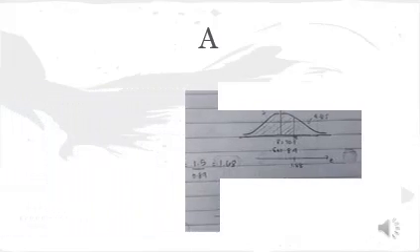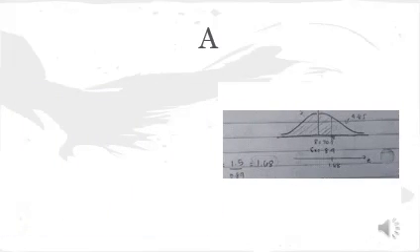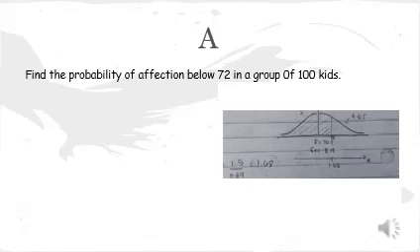We can begin part A by drawing the graph that is on the right. We know that our mean is 70.5, standard deviation is 8.9, and that we have 100 kids. We want to find the percentage of x being under 72.